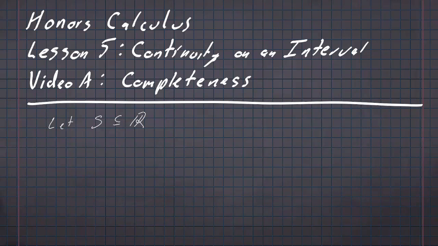Let S be a subset of R. I'll use R here because we know that the field we're interested in is the real numbers, but let's assume that R represents any field, and this definition still works perfectly fine.